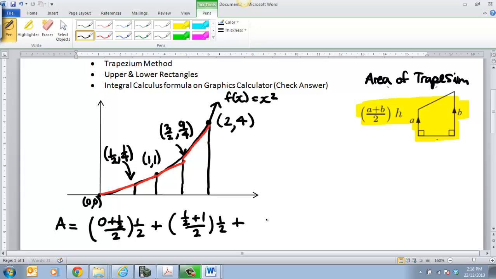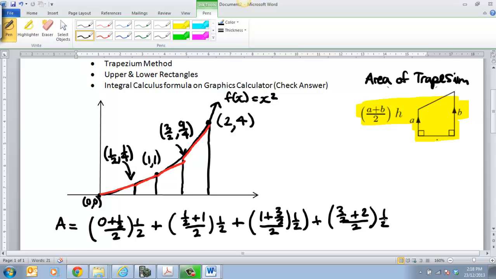I'm going to keep doing the same thing over here. It's going to be 1 plus 3 on 2 all over 2, and then I'm going to times that by a half. And then I'm going to do the last box, which is going to be simply 3 on 2 plus 2 all over 2, and then I have to times that by a half.